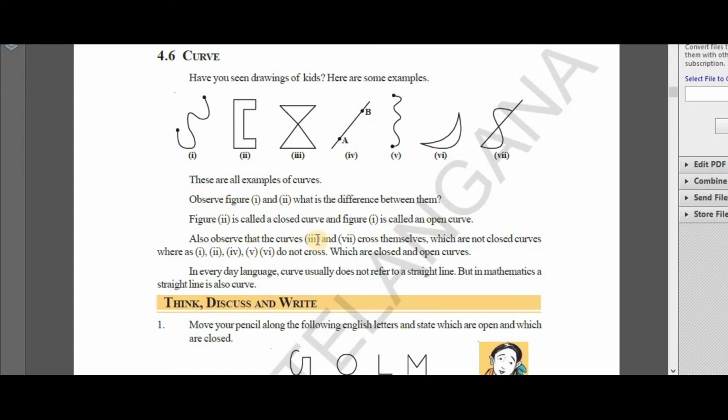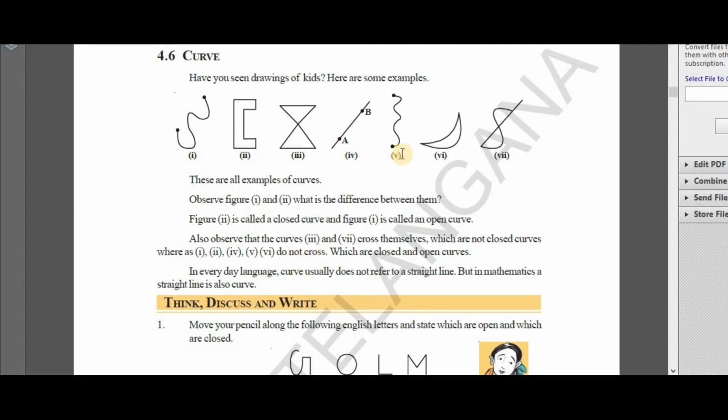Also observe that curves 3 and 7 cross themselves. Yes, this one and this one cross, and the 7th one also crosses like this, so they are not simple. Whereas 1, 2, 4th and 6th ones do not cross.